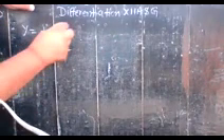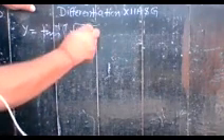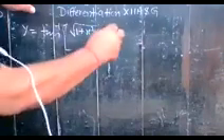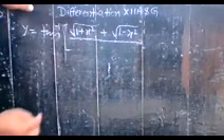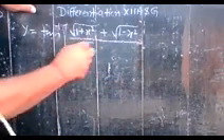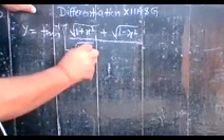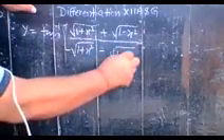If y is equal to tan inverse, under root 1 plus x square plus under root 1 minus x square, whole divided by under root 1 plus x square minus under root 1 minus x square.